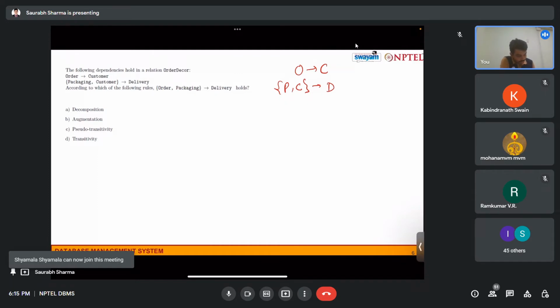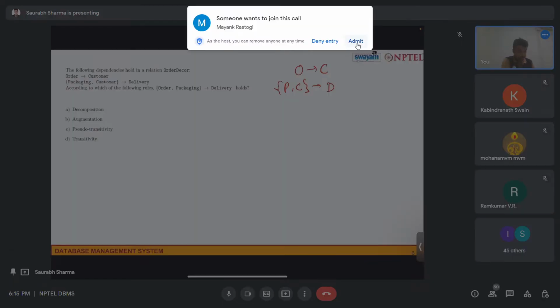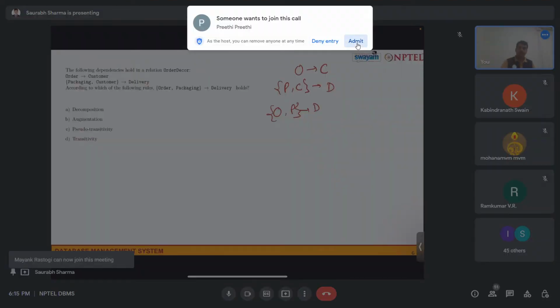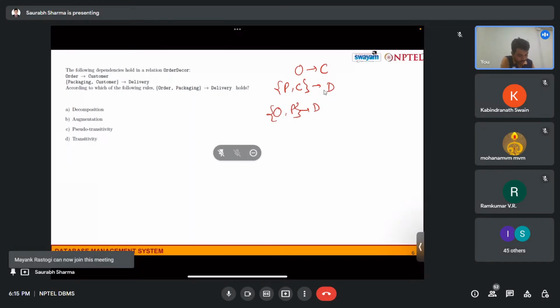Now it wants order and packaging to determine delivery. It is asking for the rule with the help of which this can hold.